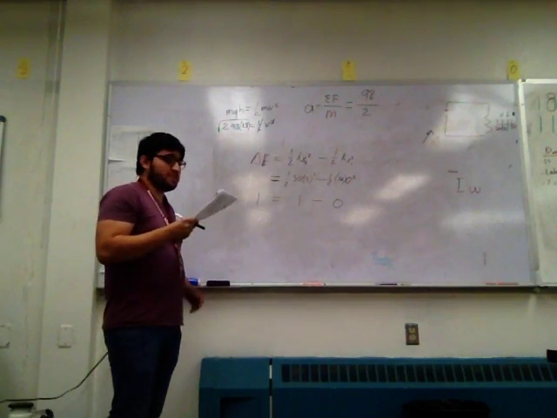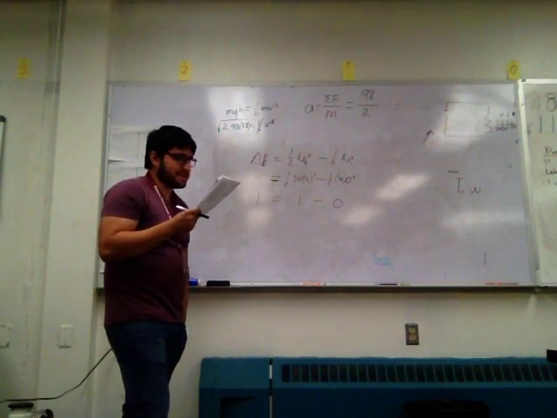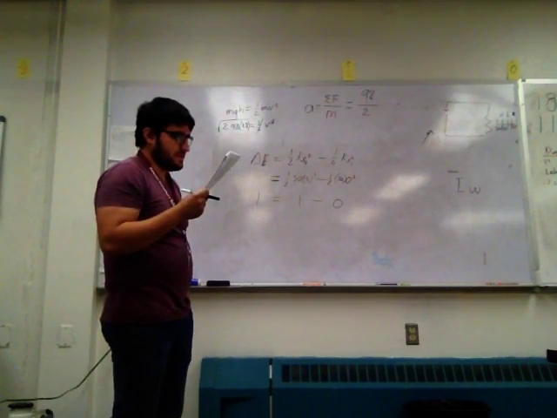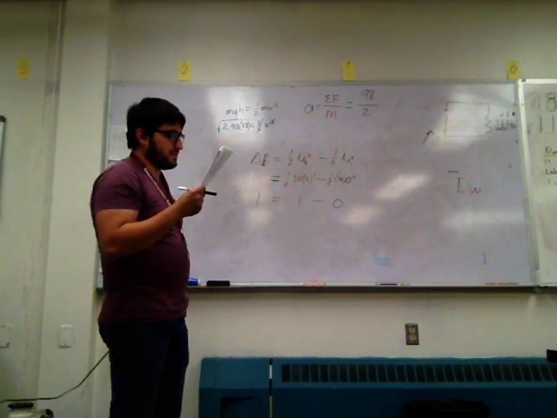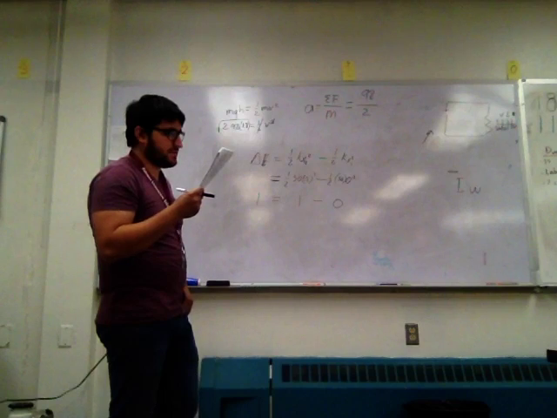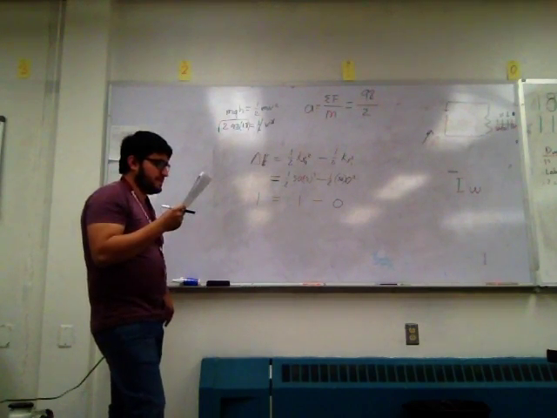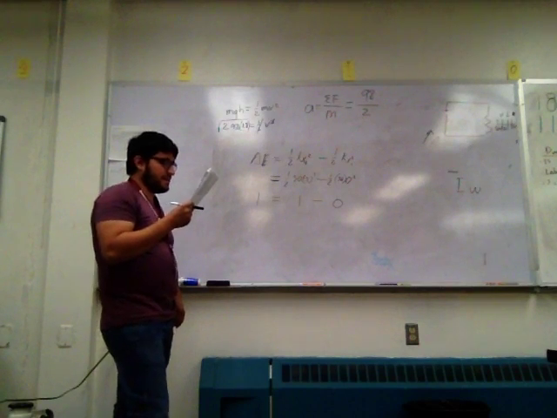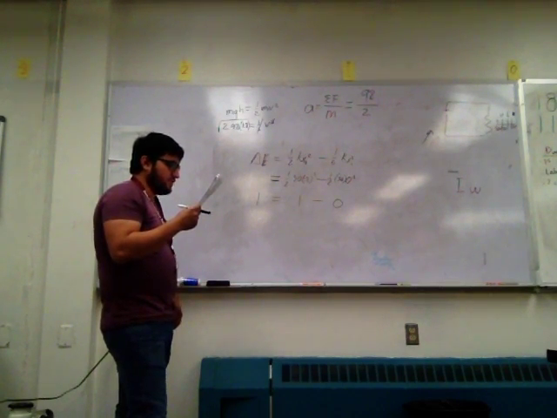So, 26. Blocks A and B of mass MA and MB are at rest on a frictionless surface as shown above, with block A fixed to the table. Block C of mass MC is suspended by a string that is tied to block B over an ideal pulley.